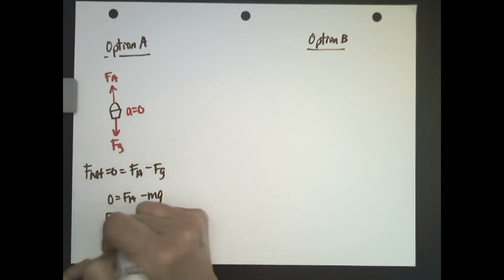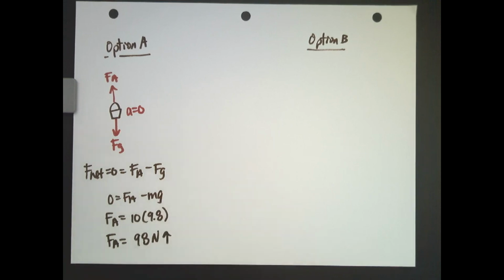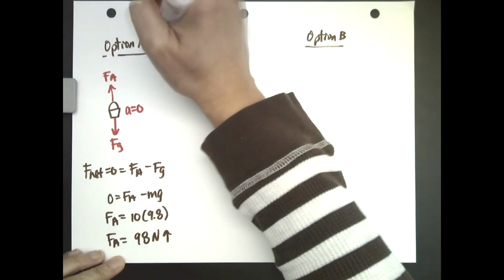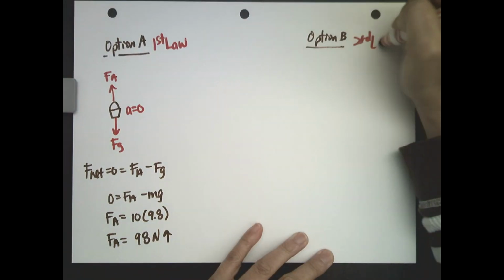And now Fa is 98 newtons up. So for option A, it will take you 98 newtons to actually pull up on this bucket. And so let's check out option B. Remember, option A is your first law, and option B is the second law.